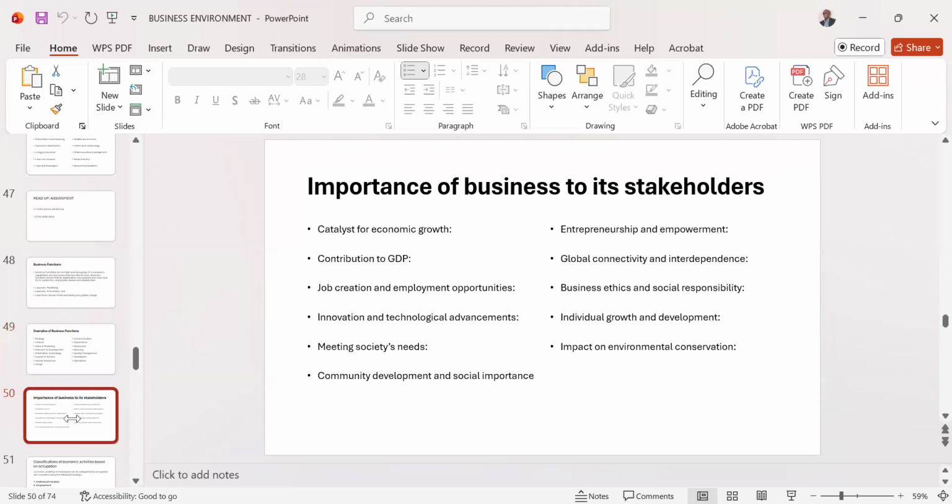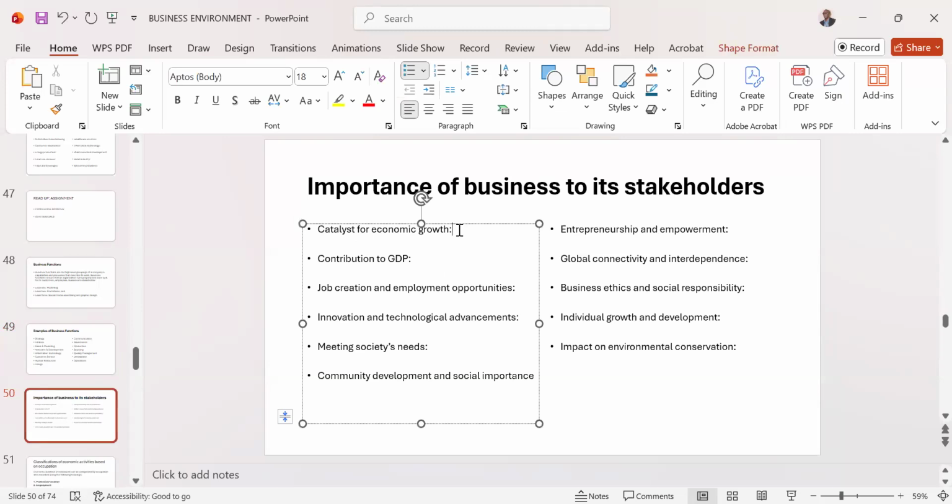So what are the catalysts for economic growth? You want to share that with us? Sir? Catalyst for economic growth. We're talking about the importance of business to stakeholders. So we are saying a business is a catalyst for economic growth. So what do we mean by that?